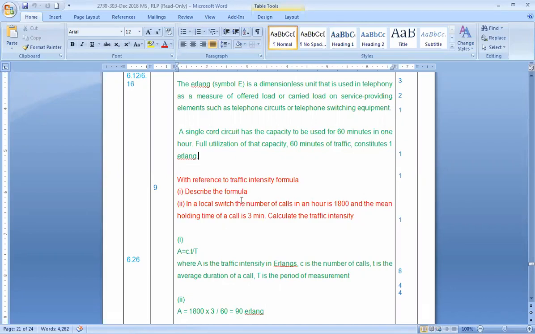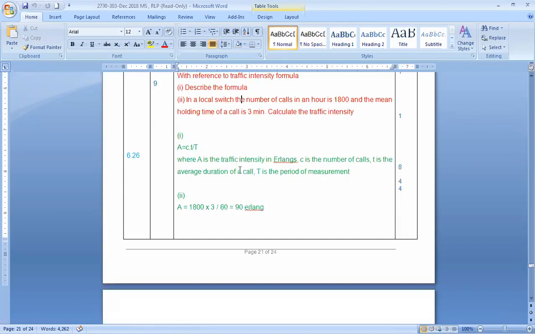Now we will solve some problems with reference to traffic intensity, see what kind of formula is used, and how to solve a problem based on the formula.